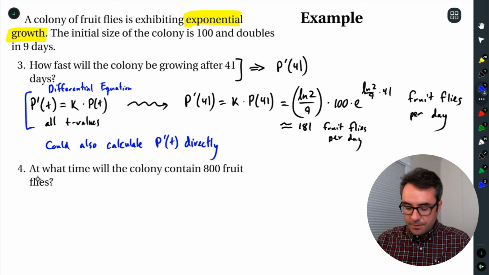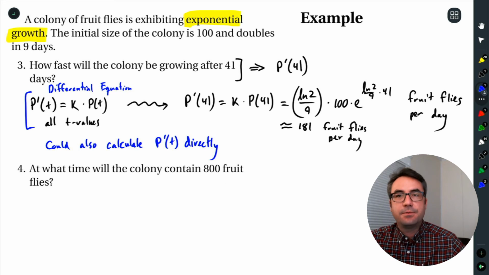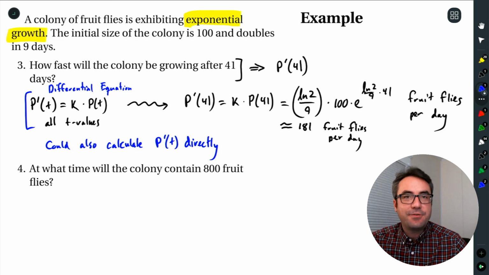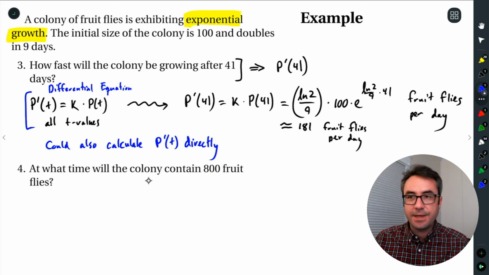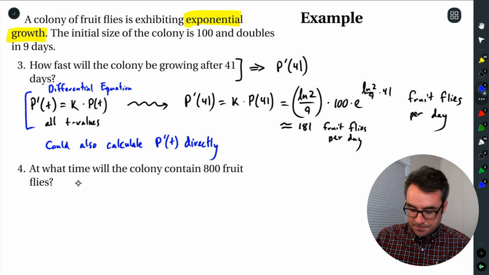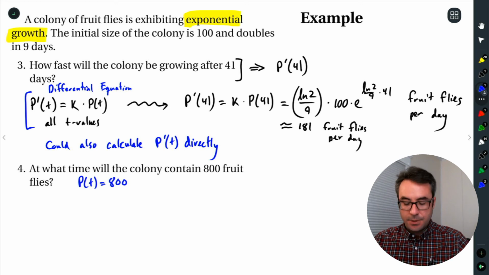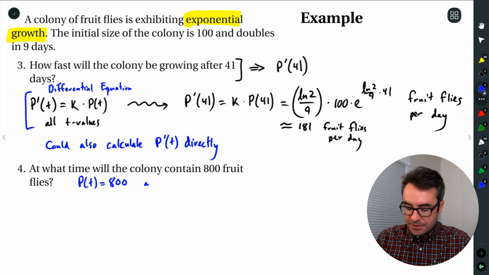All right, so now let's figure out what time we're going to have 800 fruit flies in our population. What this is really asking is, when is our population equal to 800? So we're going to set our population function equal to 800 and solve for t.